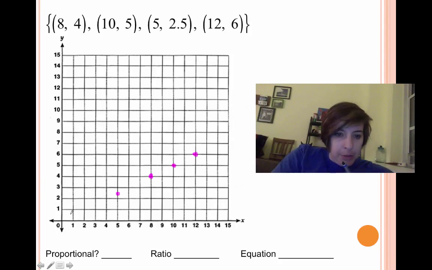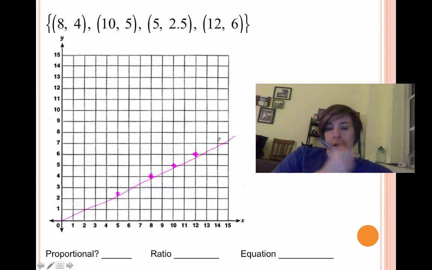Now I didn't do a great job, but you guys can connect this with a straight line. Yes, it does go through the origin. It is a straight line.